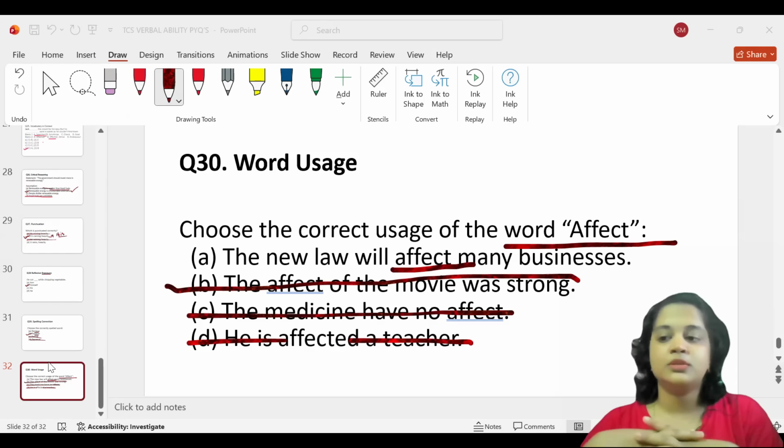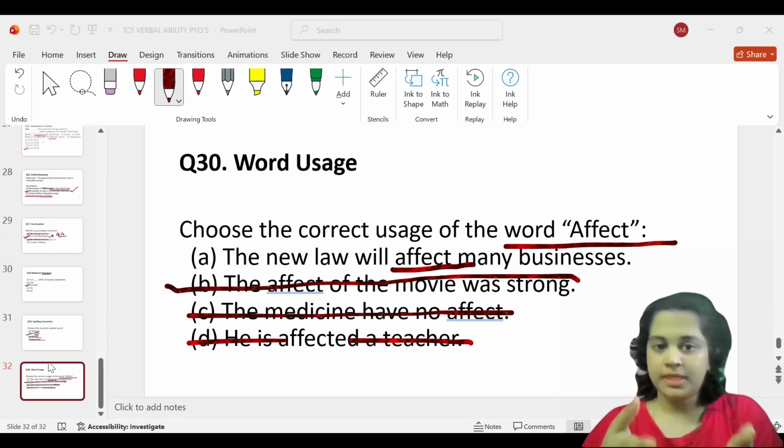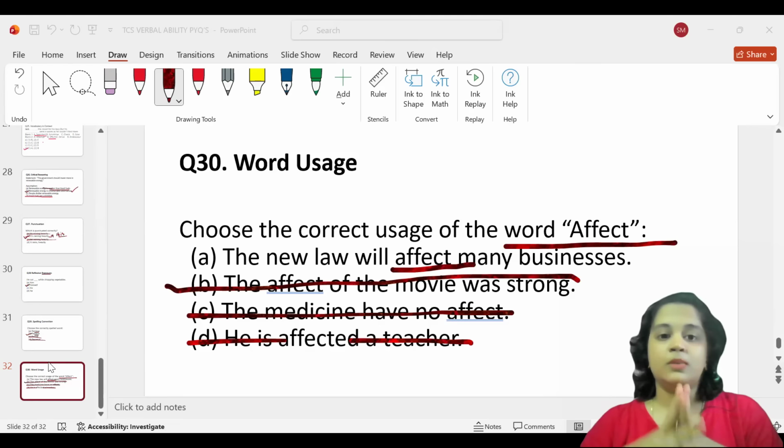If you did not understand any concepts, please go back, replay the video, and try to understand the concept that lies behind the questions. Be patient and answer the questions with clarity.